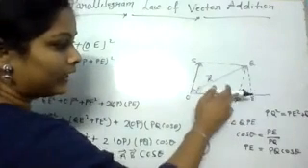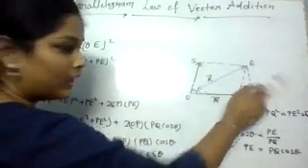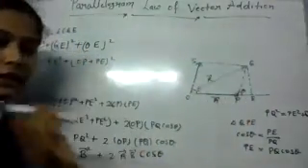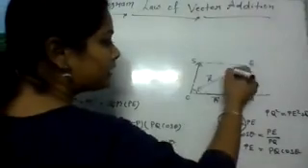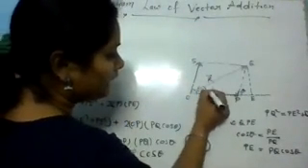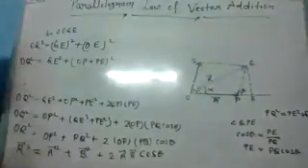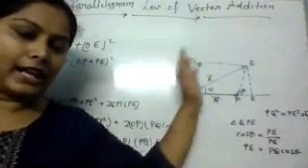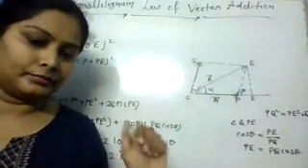This is also a vector, we just extended it forward and made B vector here. So the angle between B vector and A vector is theta. Now the resultant R is making angle alpha with the vector A. Is the diagram clear?